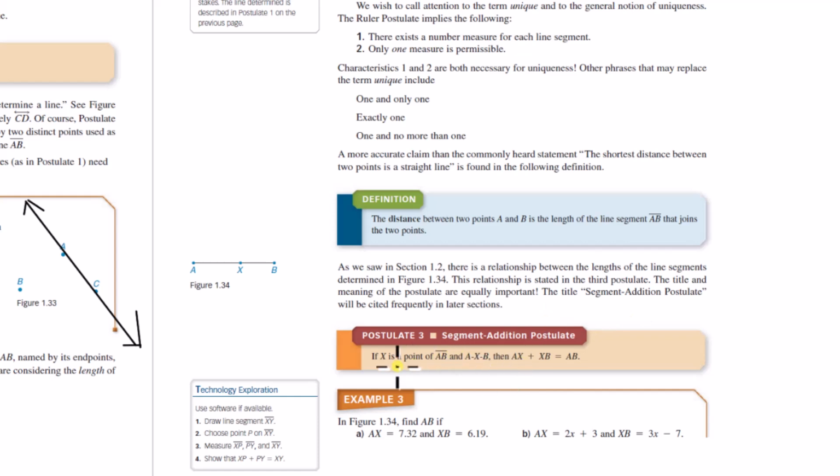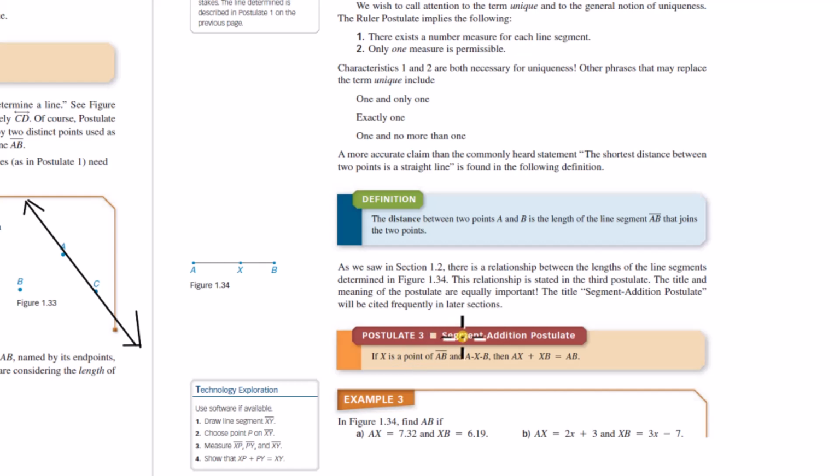So, all right, if X is a point of segment AB and A-X-B, which we saw was describing collinear points, where X is between A and B on the same line or line segment, then AX plus XB is equal to AB.